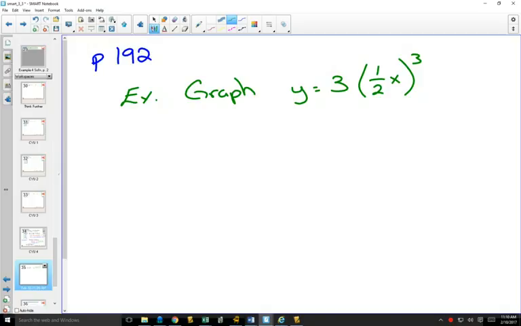So most of the examples that we've had so far out of the textbook, they've given you a graph and asked you to do transformations. This example is using those sheets that we did at the beginning of the year and saying, can you recognize what parent graph is there based on the equation? And then if you know what that parent graph is and what it looks like, can you then draw this graph?